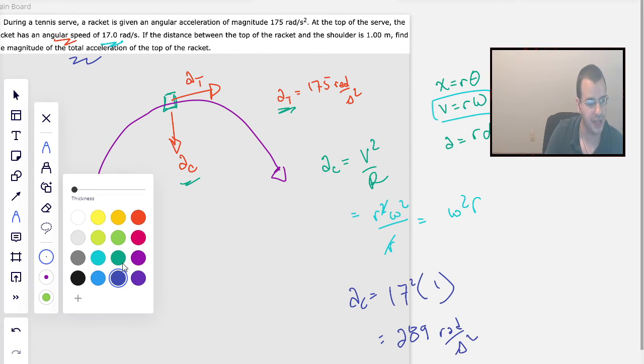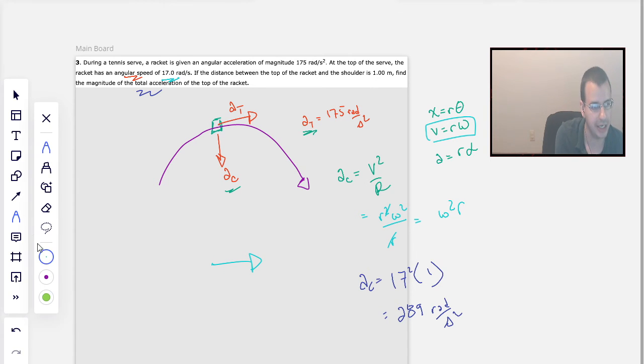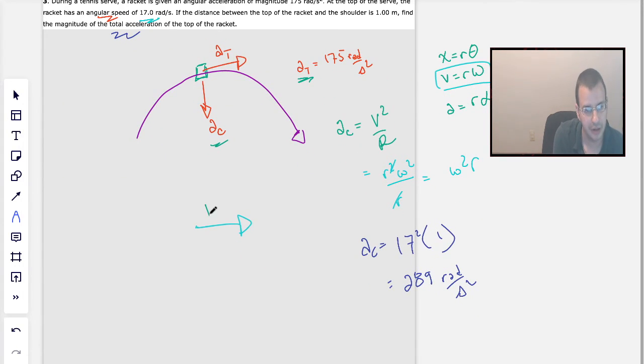Now we're going to combine vectors. We have tangential acceleration, and centripetal acceleration, which some also call radial, same idea. So we have 175 plus the vector that's perpendicular, because these are perpendicular, 289. Add those together vectorially.